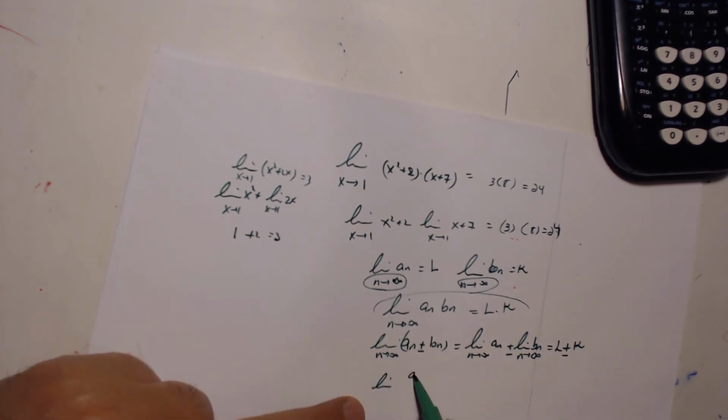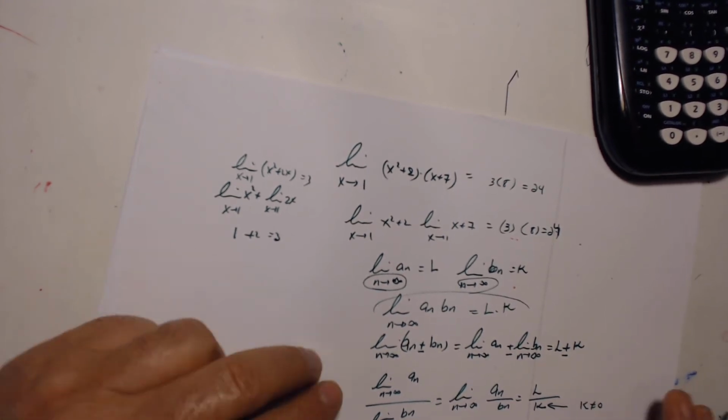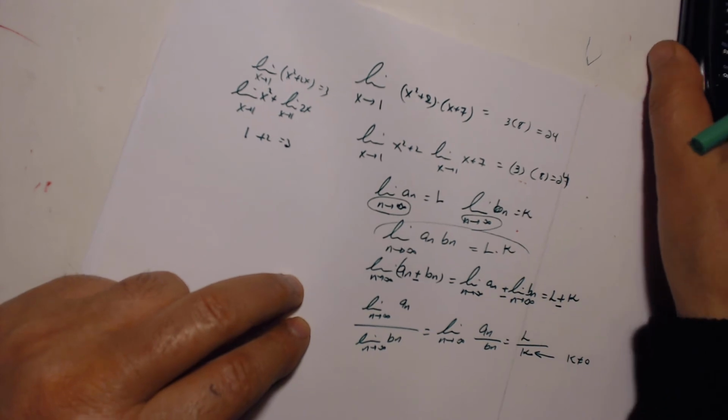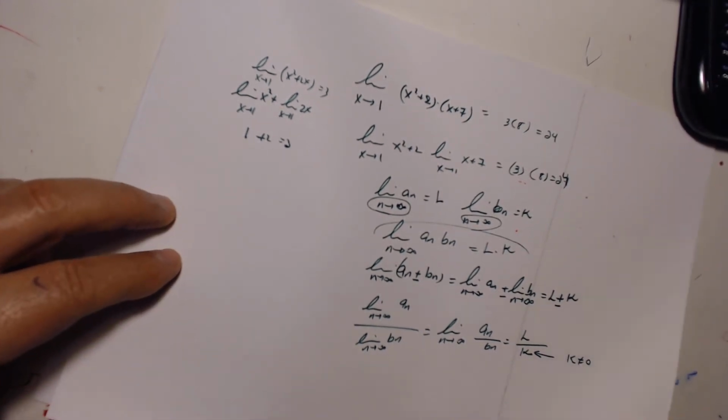Therefore, if you have the limit of a sub n over the limit of b sub n as n approaches infinity, the limit as n approaches infinity of a sub n over b sub n is L over k. But the condition for division is that the limit cannot be 0. Therefore, that k cannot be 0. That's something you should know.